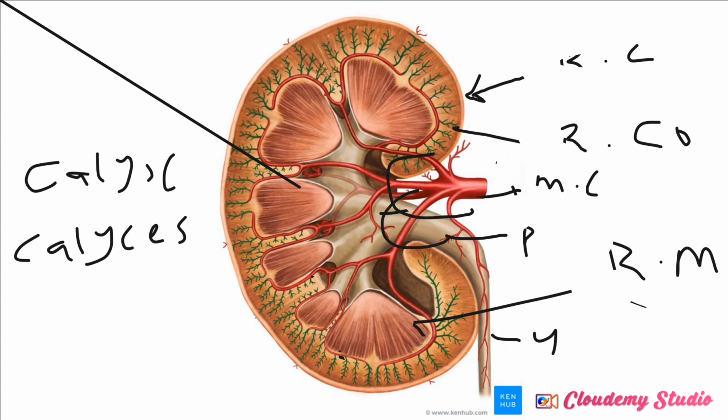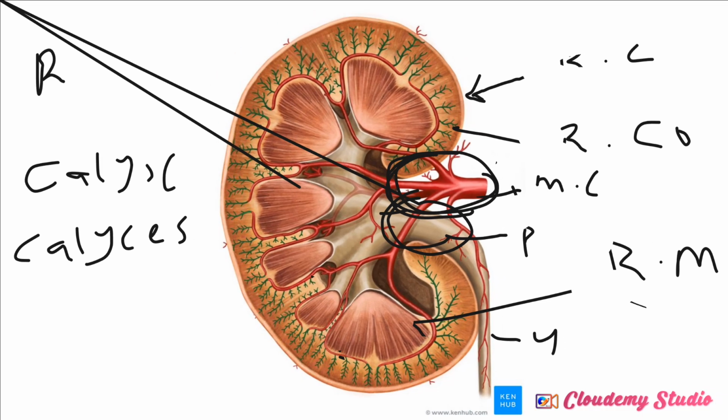The hole at which the blood vessels as well as the pelvis enter into the kidney is known as what? Is known as renal hilus. Let me write that somewhere. That is called renal hilus.